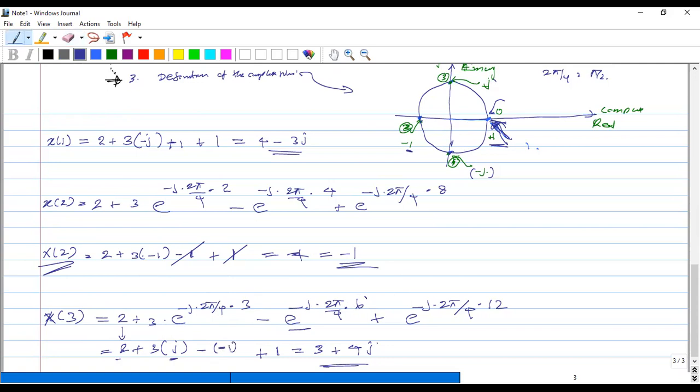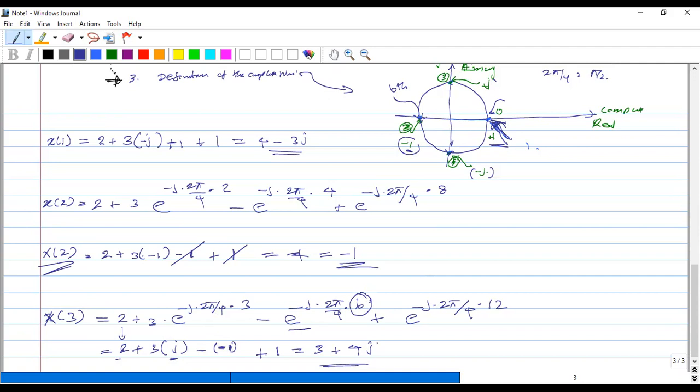Because we have to calculate the 6th point. So the 6th point is 0, 1, 2, 3, 4, 5, 6. This is the 6th point, and you can see that this is the real axis. So this will be minus 1. I have mistakenly put it as minus j.